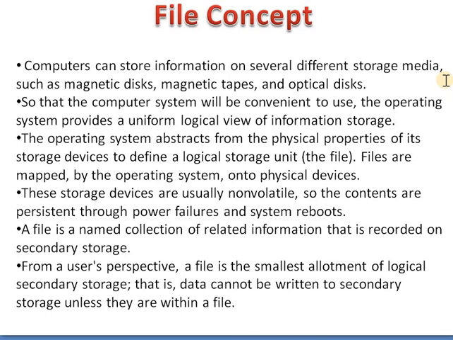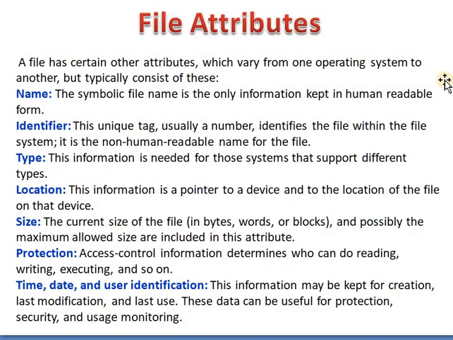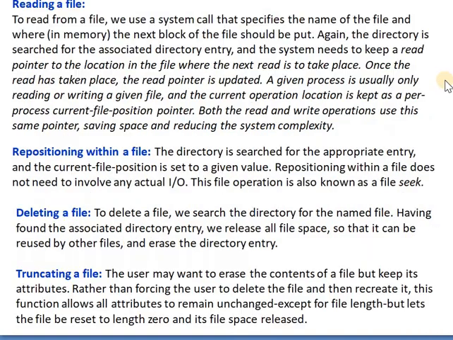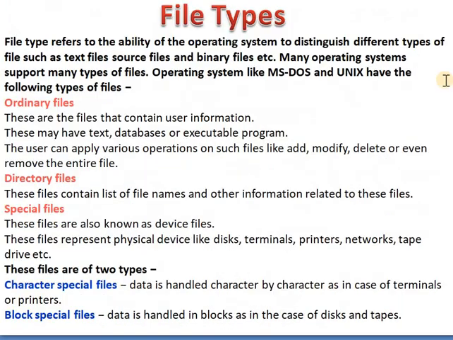In today's lecture we saw the file concept, what a file actually is. Then there are some file attributes, which we discussed. Then we saw the different operations that are applied on a file. Then we saw there are different types of files present in an operating system, some types of files present in DOS or Unix operating system, that we discussed in this slide.